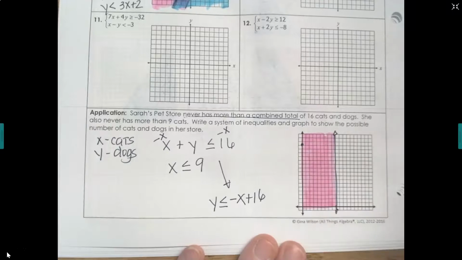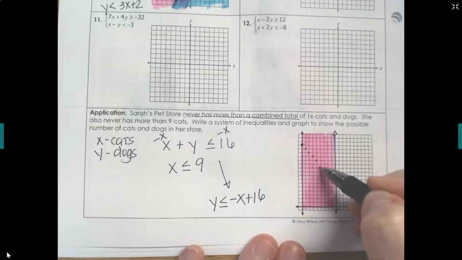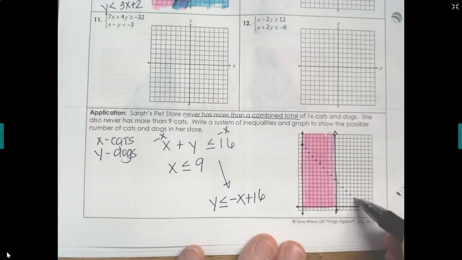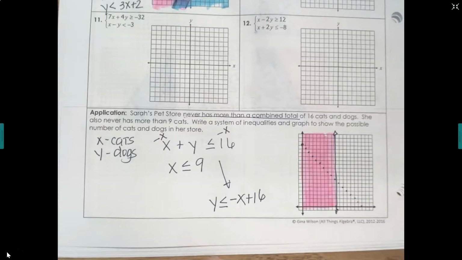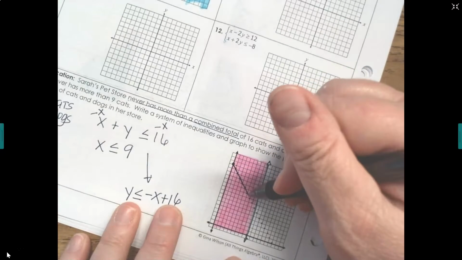There we go. And our slope is negative 1. So that's down 1, right 1. And I like to put the pattern in. It helps me draw the line when I go back to draw the line. I'm going to stop in my real world here. This line is solid because it's equal to. So I'm just going to connect all of my dots.